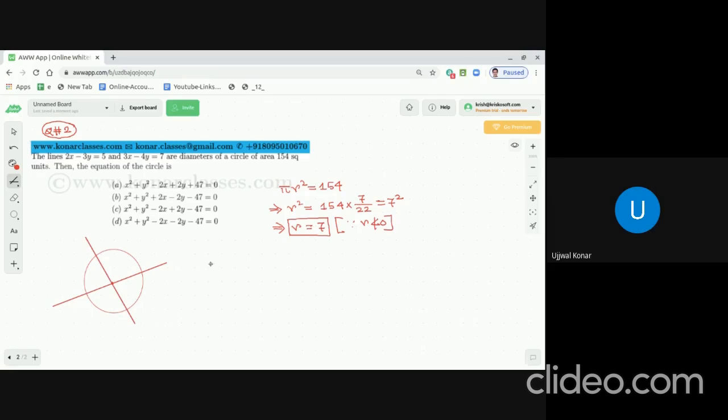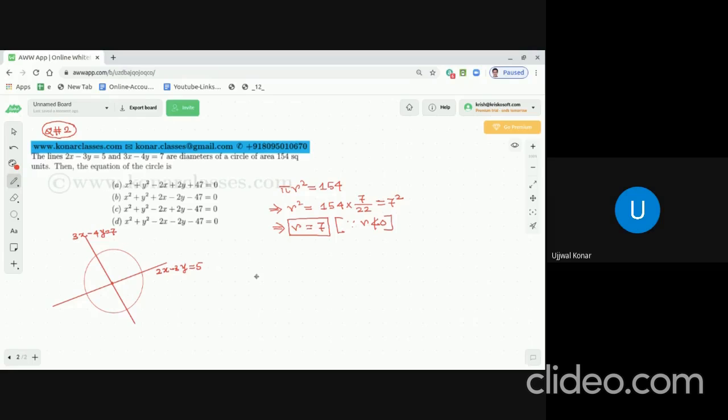Now, as you see, the intersection of the diameters is nothing but the coordinates of the center. The values of x and y, obtained by solving these two equations of the diameters, will give us the coordinates of the center. So this one is 2x minus 3y equal to 5, and this one is 3x minus 4y is equal to 7.